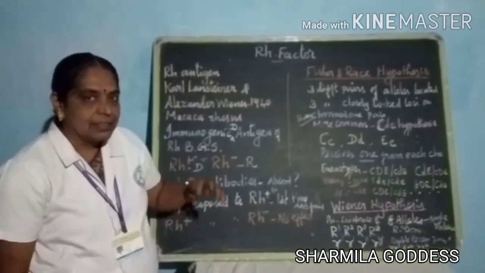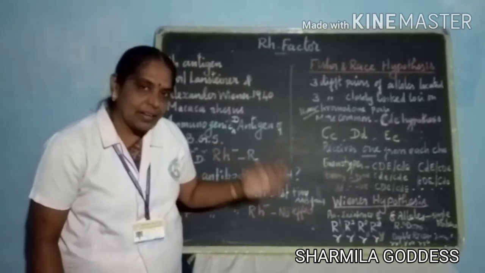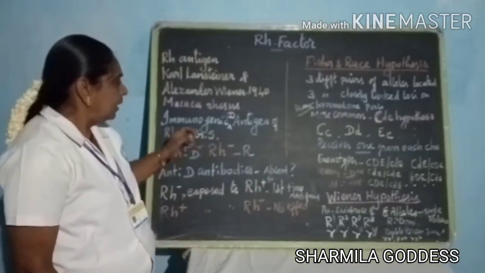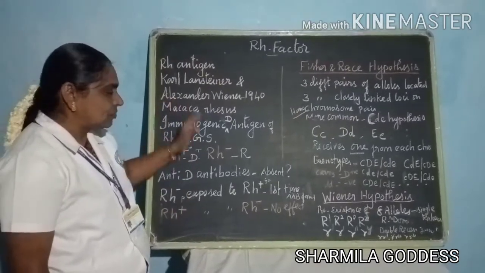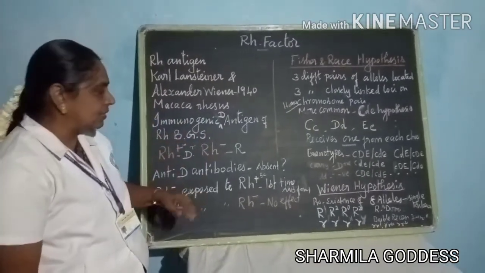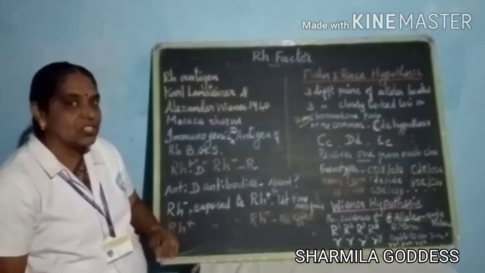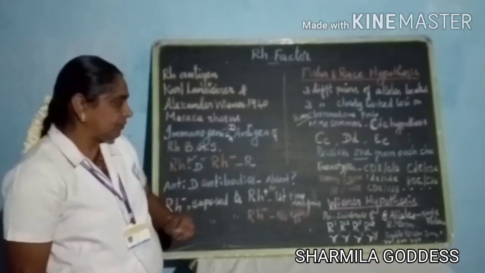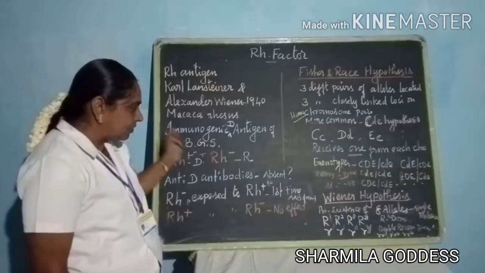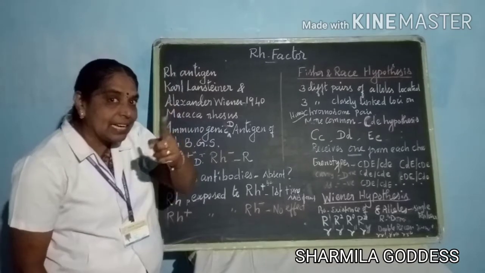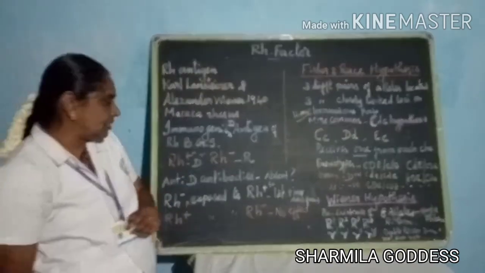Later, this RH factor, antigen D, was found in human beings. This antigen D is referred to as the immunogenic D antigen of the RH blood group system.